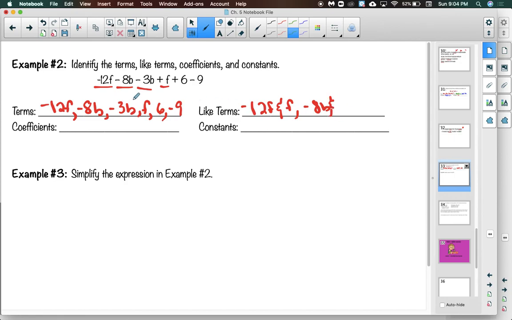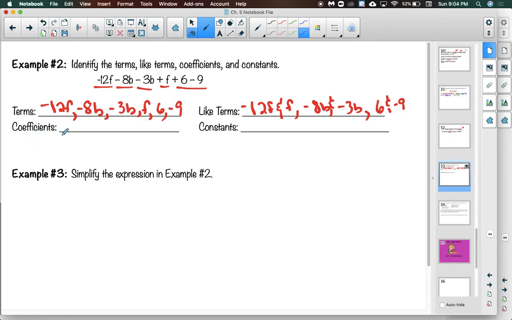Negative 8b, negative 3b, and I have another set of like terms. That other set is right here, my constants. Positive 6 and negative 9. So remember that note that said constants are like terms with each other by default because they don't have variables.